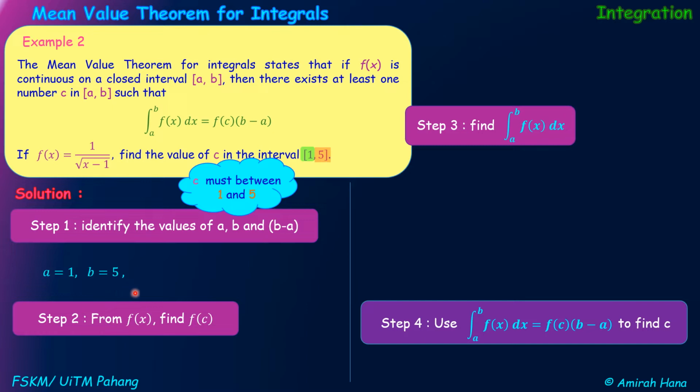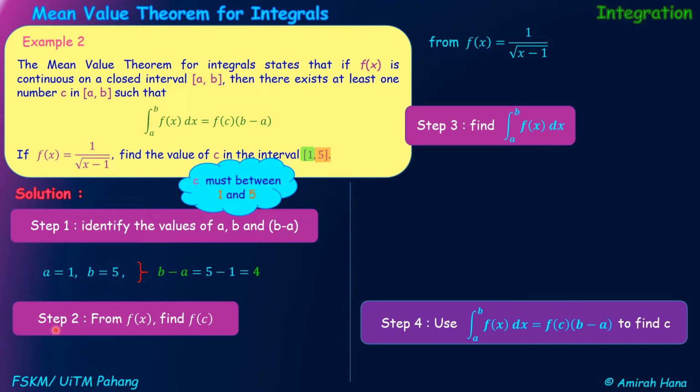After that, we need to find the value of b minus a to substitute into this formula. So b minus a equals 5 minus 1, which equals 4.